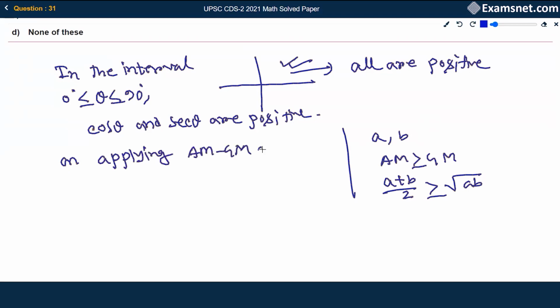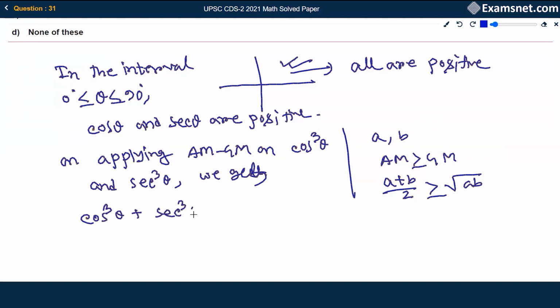Okay, so on applying the AM-GM relation on cos cube theta and sec cube theta, we get (cos cube theta plus sec cube theta) by 2 is greater than or equal to root under cos cube theta sec cube theta.